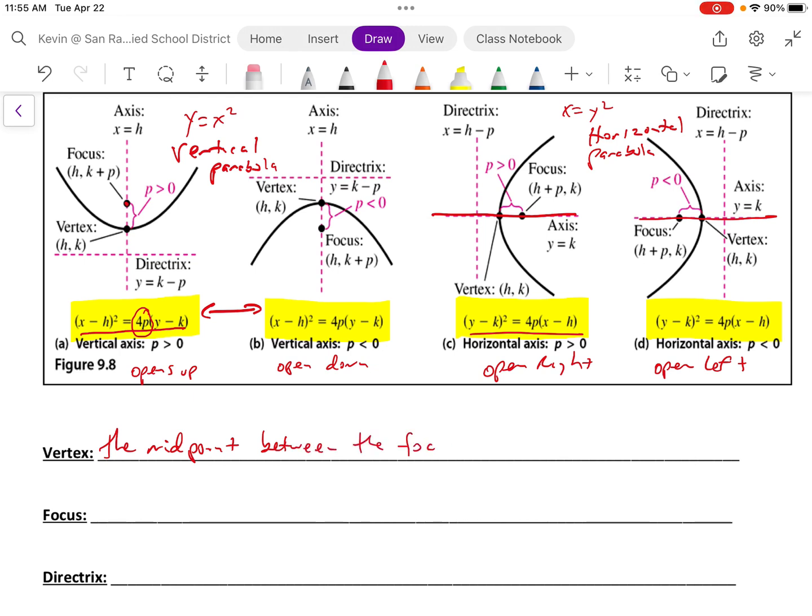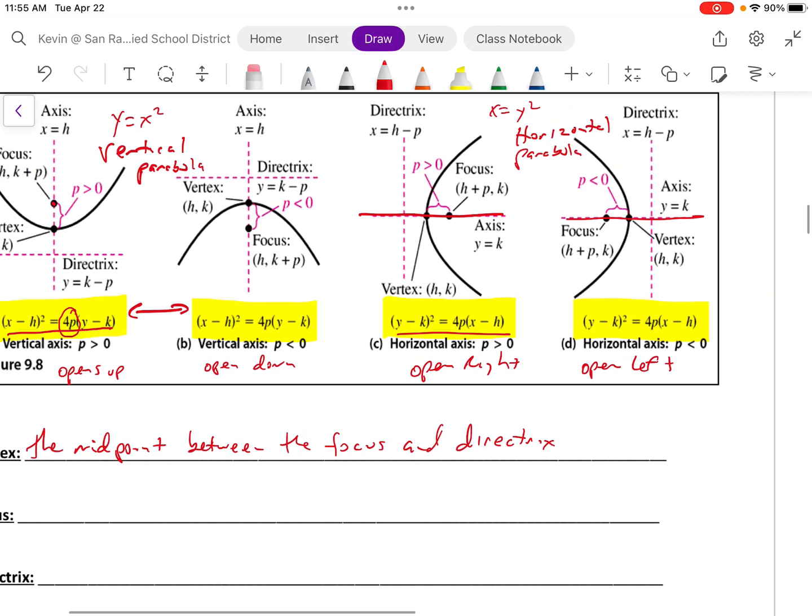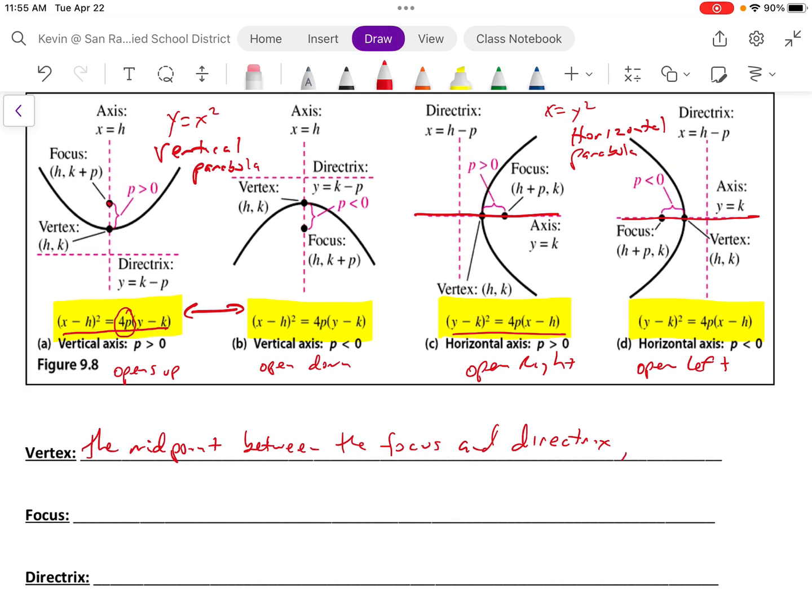Let's call it the midpoint between the focus and directrix, and it's always on the axis.